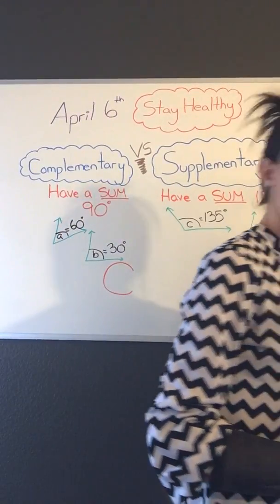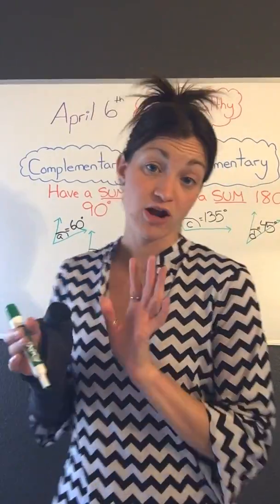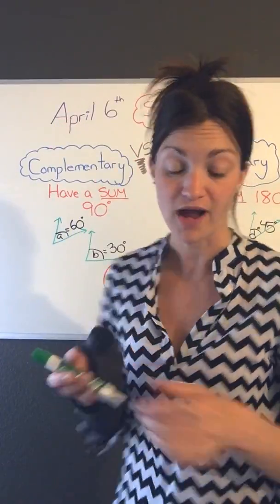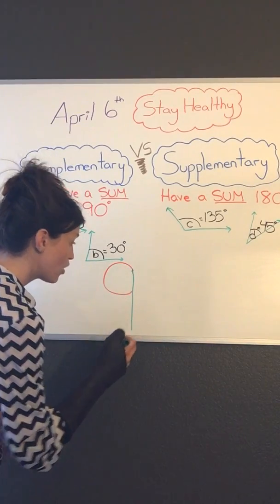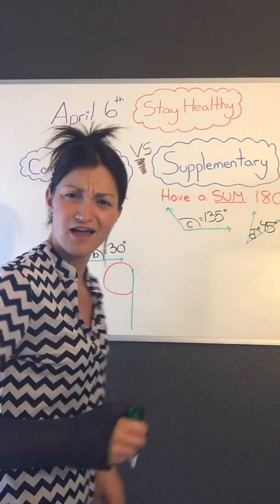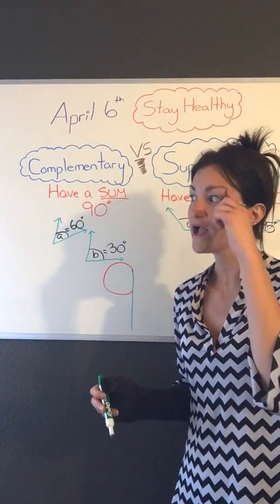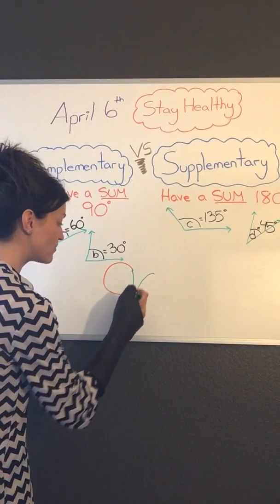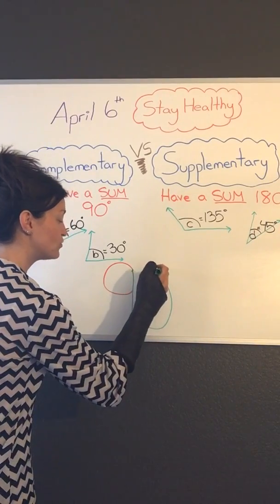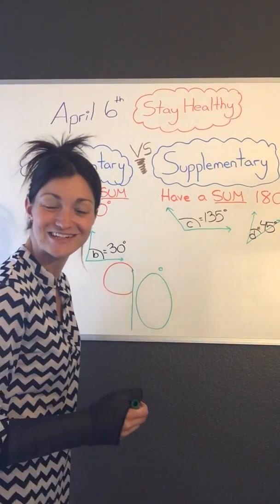If you are thinking straight vertical line, air high five, you are correct. We are going to add a straight line down here. You don't say. That looks like a 9, which helps me remember 90, which helps me remember that complementary angles have a total or a sum of 90 degrees.